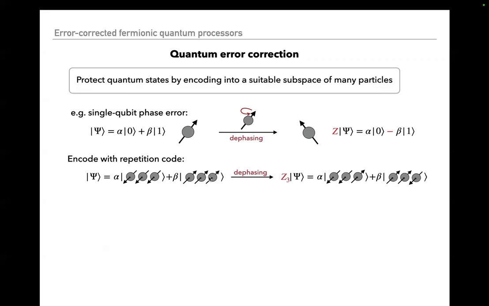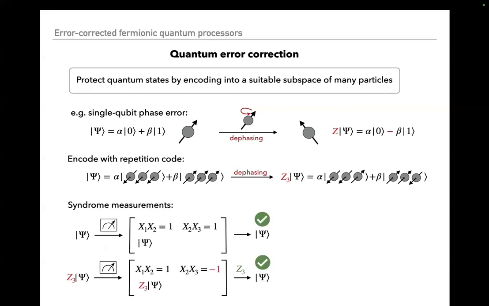If you now have a dephasing error on one of the atoms, for instance the third atom, you flip the direction of this atom from plus to minus over here and from minus to plus over here. You right away see that something different has happened. While the individual states that you used to encode have changed, the beta and the alpha are still preserved and remain untouched.